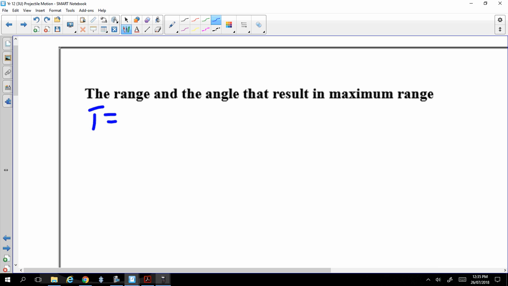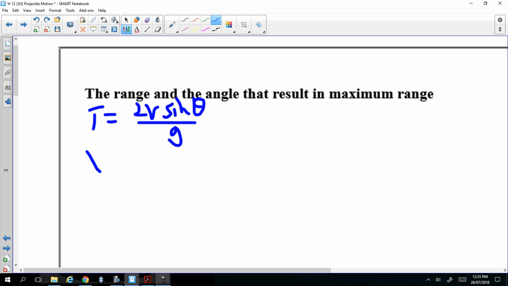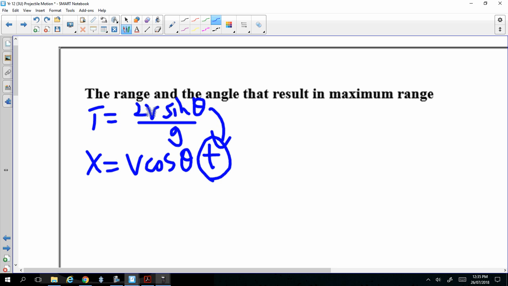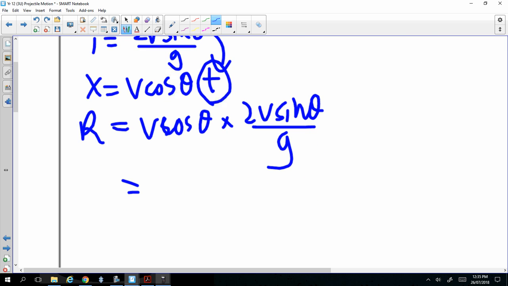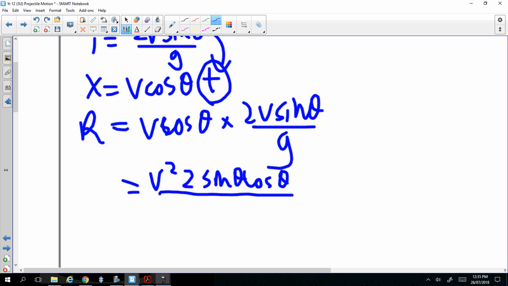So you write v cos theta times 2v sine theta over g, which gives v squared 2 sine theta cos theta over g. Hopefully you remember the double angle formula for sine, so you get sine 2 theta, a more simplified expression. That's the formula for the range.